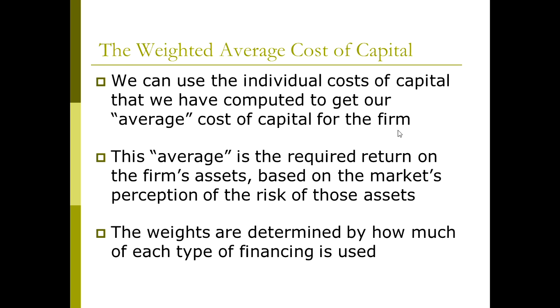Their cost of capital is going to be a weighted average of bonds and stocks. If the company issues bonds, stocks, and preferred stocks, then the average cost of capital will be the average cost of bonds, stocks, and preferred stocks.